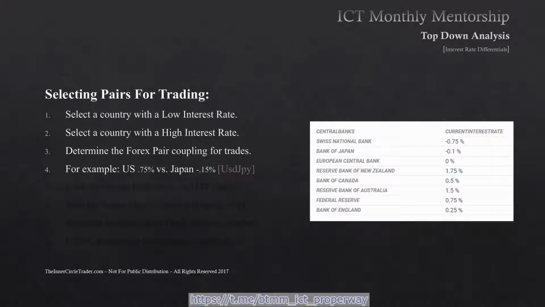So I had to adjust it and show you for your notes. Versus the Japanese economy, and their central bank rate was negative. And the two respective countries and their currencies would be paired up in the form of dollar yen.